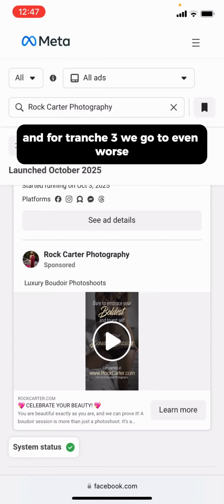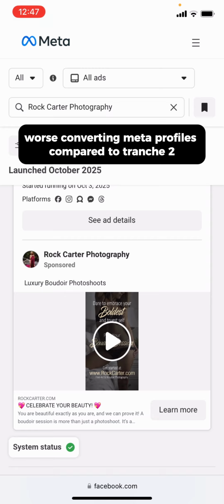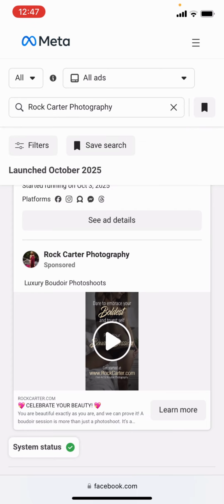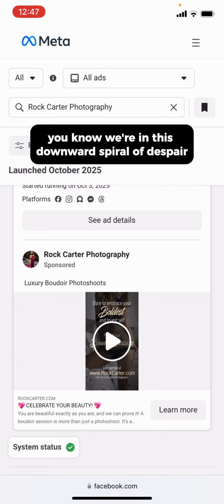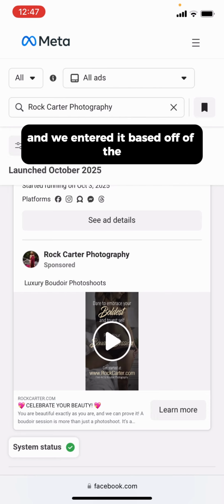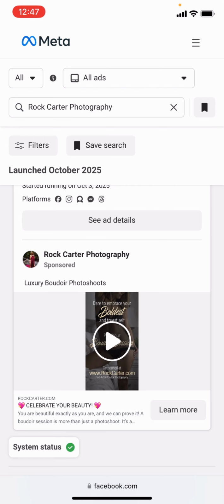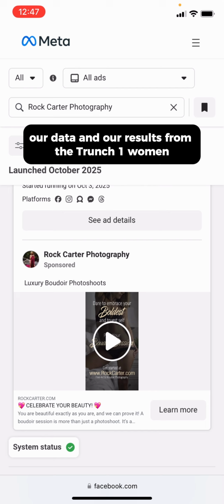And for tranche 3, we go to even worse converting Meta profiles compared to tranche 2, compared to tranche 1. And because we go to worse, again, same ad spend, even worse results, we're in this downward spiral of despair, and we entered it based off of all the data and metrics from the tranche 1 women.